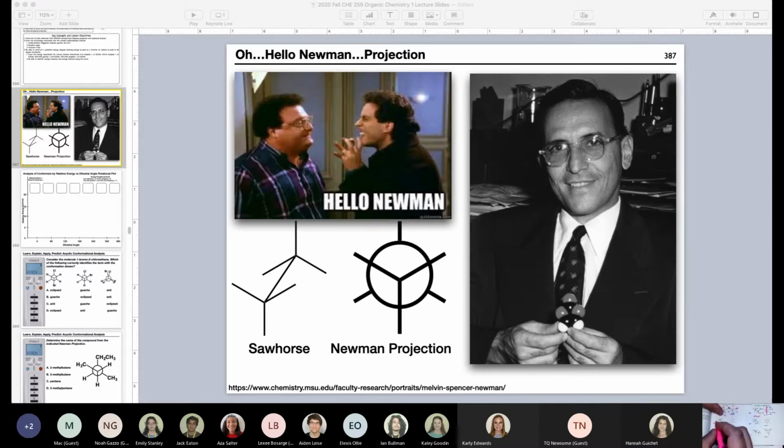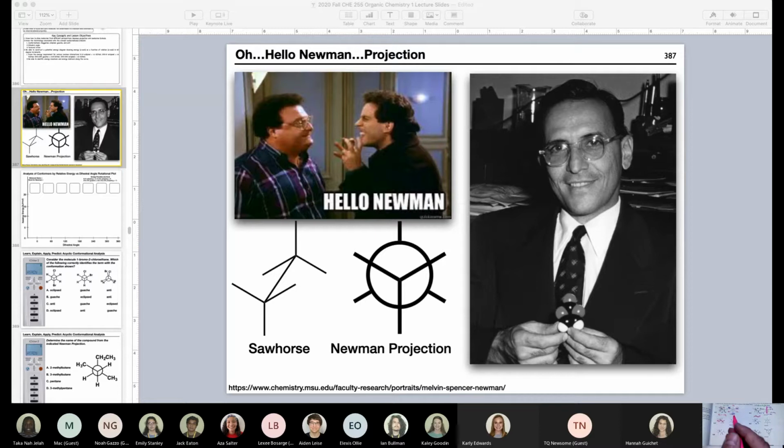So with the pink highlighter, I'm highlighting the longest carbon backbone. So I've highlighted that. Then when I look at this Newman projection, it's asking us to look down that axis.